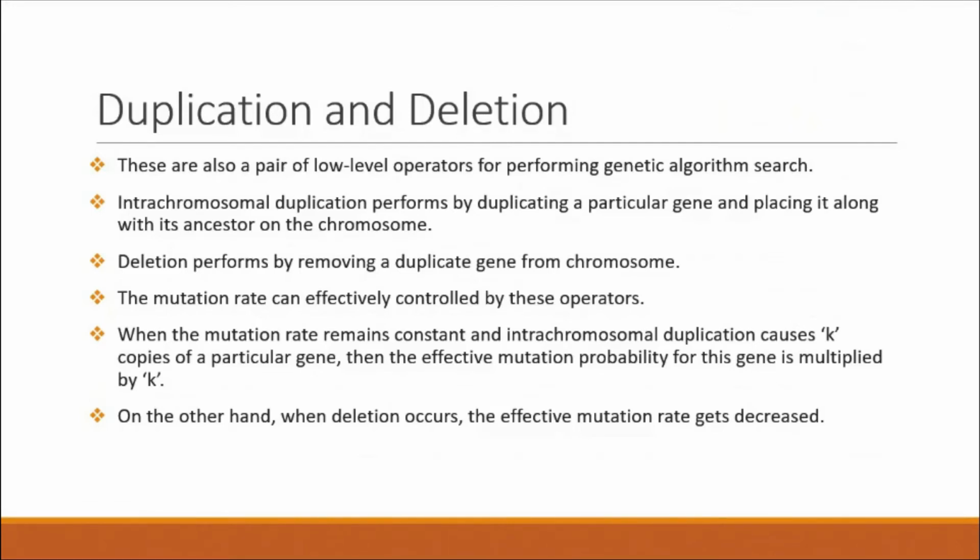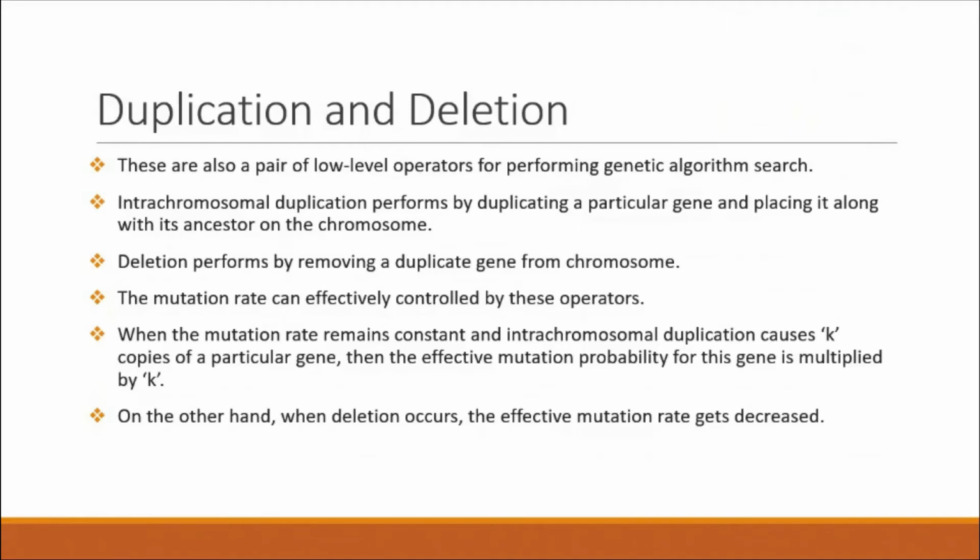The same gene is duplicated multiple times and then placed along with its ancestor. That is, the original gene will be there, and along with it, a duplicate copy of that same gene is also placed. Deletion removes any duplicate gene that is present in a chromosome.